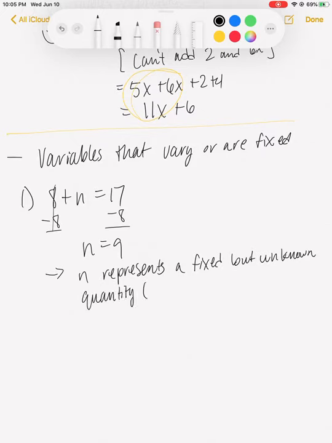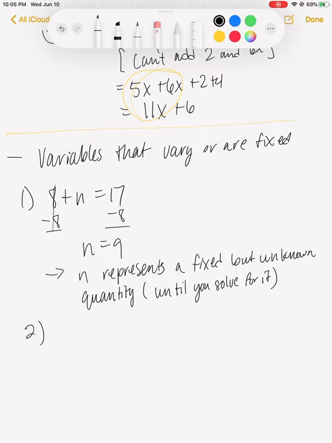Okay, it is unknown until you solve for it. Okay, n is not one of those situations where it could be 1, 2, 3, 4, 5, or any number. n has to be a certain number to make the equation true.